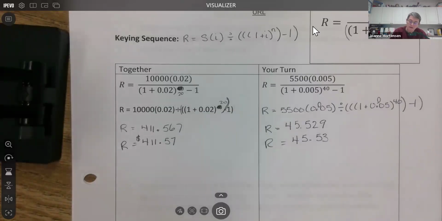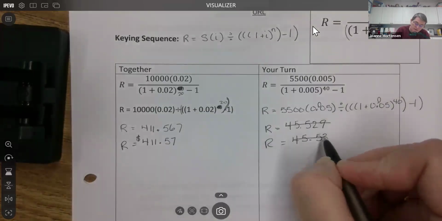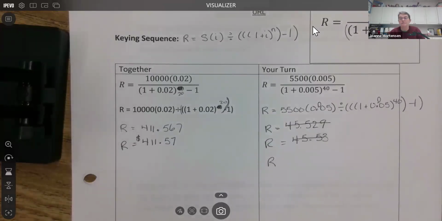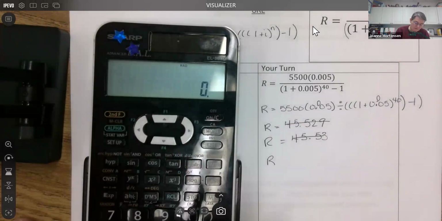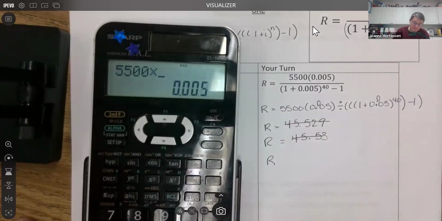Okay. So then this is wrong, and this is wrong. Let's try this again. 5,500 times 0.005 divided by 1, 2, 3. 1 plus 0.05. Close that bracket.